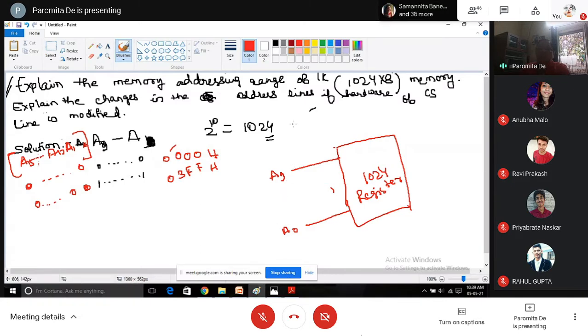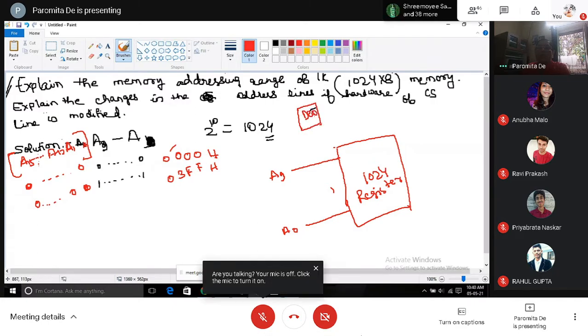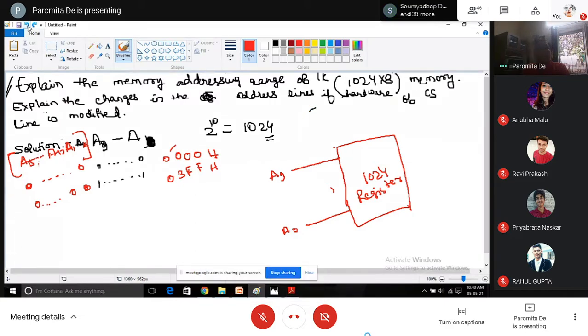Now for the rest of the lines, I will build a decoder. Okay, I have a decoder here. But if I am building this decoder digitally, how will I put it?